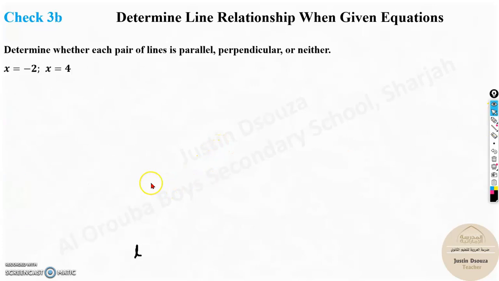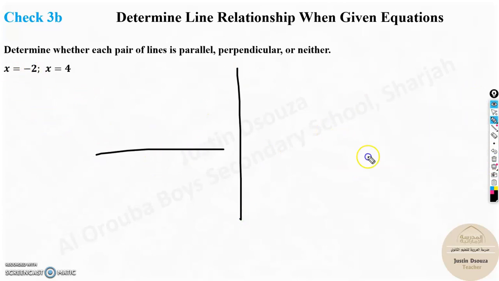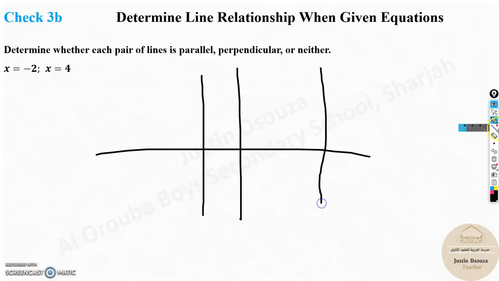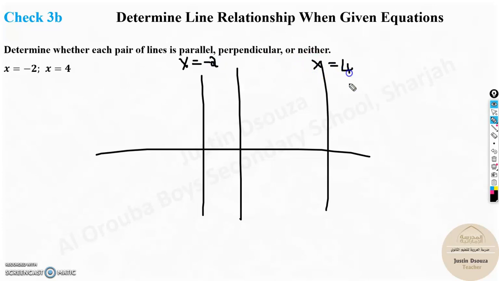Let's do one more check problem. Here again we have x is equal to -2, so it's somewhere over here, and x is equal to 4. My vertical lines are not so vertical, but I hope you understand what I mean. This is x is equal to -2 and x is equal to 4.